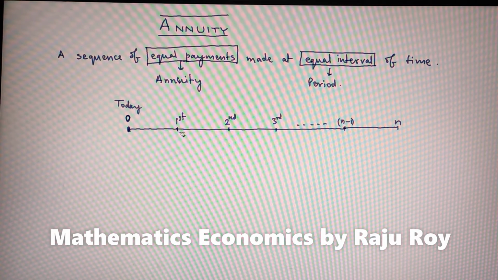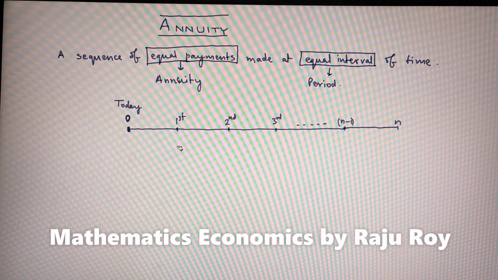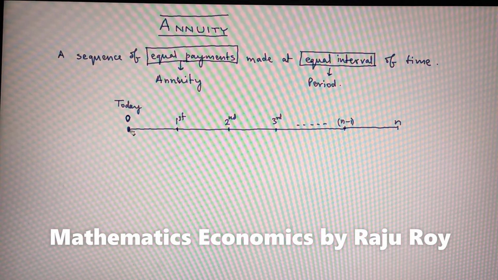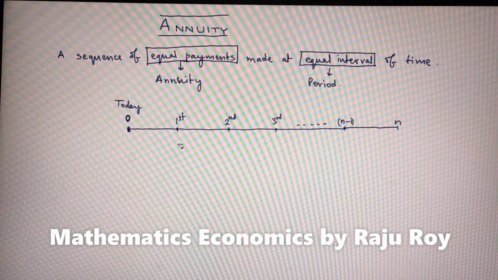The payment you can start from here, equal payments. Equal payment, that is called the annuity. For example, when you take a home loan, you don't pay immediately. After 1 year, you start the payment. This type of annuity is called ordinary annuity or immediate annuity.